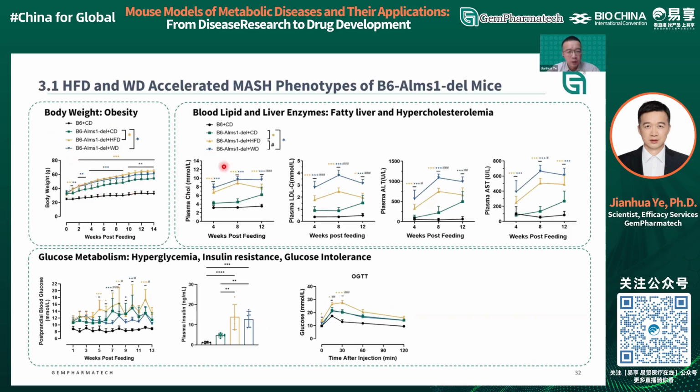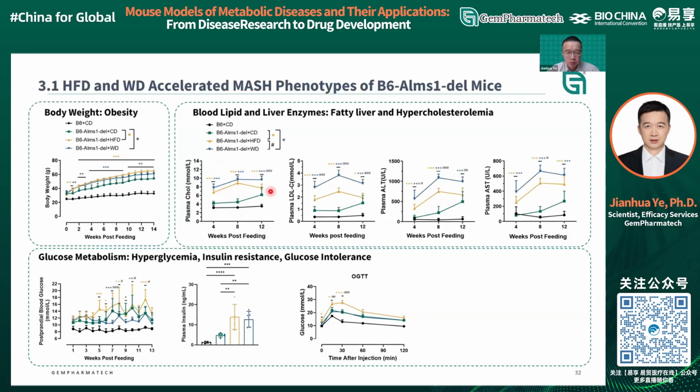And for the blood lipid, like the cholesterol, if the mice is fed with the chow diet, it's a little bit higher than normal mice. But if we feed the mice with high-fat diet or Western diet, the cholesterol level increase a lot.